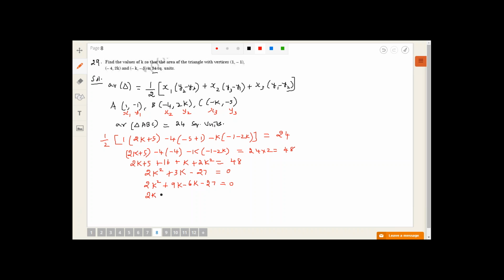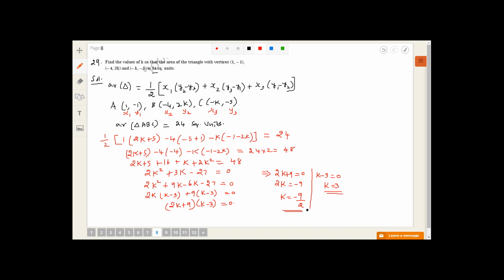So solving the value of k, we get 2k into (k minus 3) plus 9 into (k minus 3) is equal to 0, or (2k plus 9) into (k minus 3) is equal to 0, which implies that 2k plus 9 equal to 0, or 2k equal to minus 9, or k is equal to minus 9 by 2, or k minus 3 is equal to 0, or k is equal to 3.